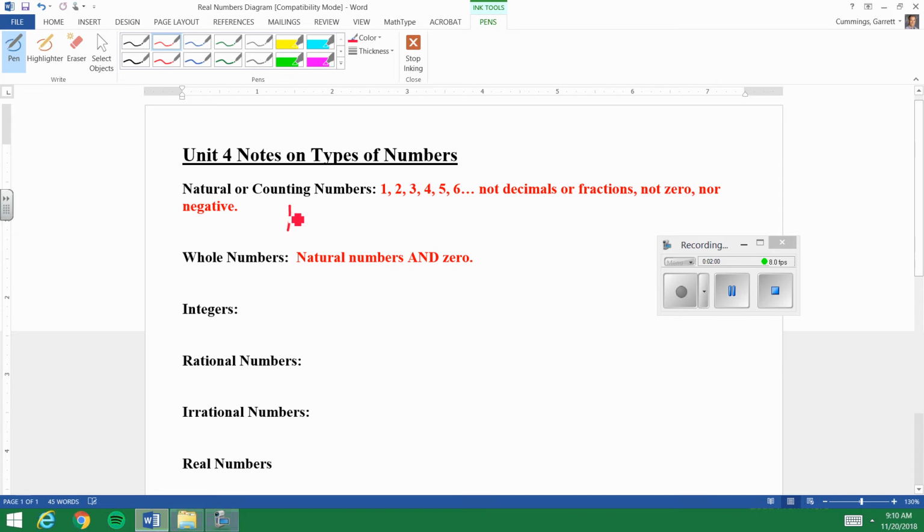Anytime that you see this symbol, it's just an N, but it'll look like this with a reinforced bar down the middle. That refers to the natural numbers. The whole numbers are the natural numbers plus 0. So if I want to represent this as a number set, it'd be natural numbers plus 0.